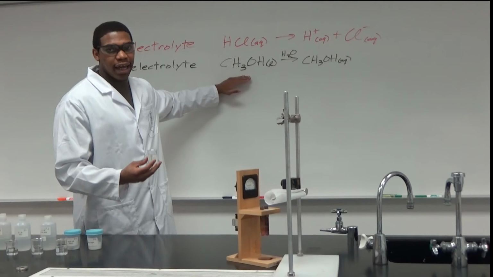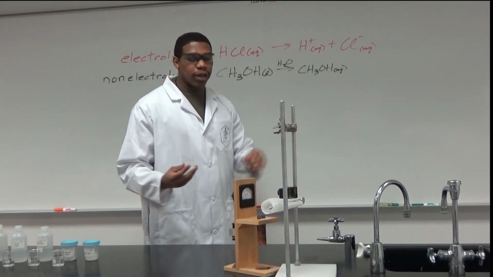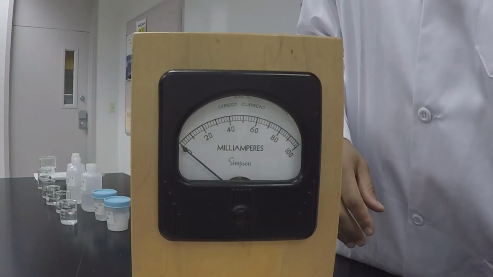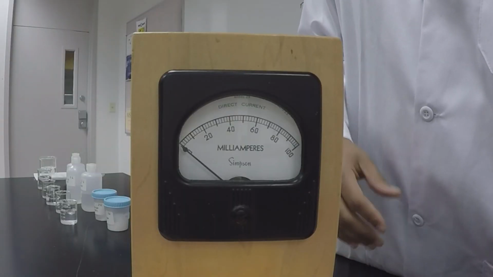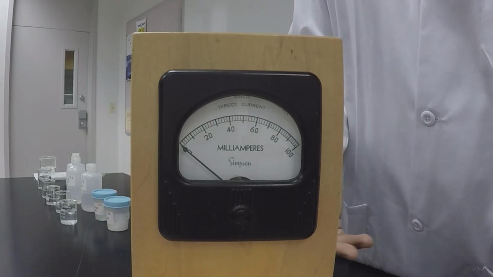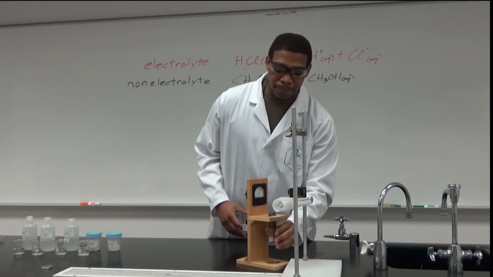The molecules of the table sugar dissolve in water but do not dissociate into ions. As I place it into the meter, we can see that it is non-conductive. It's a non-electrolyte solution because it does not generate any movement of ions.